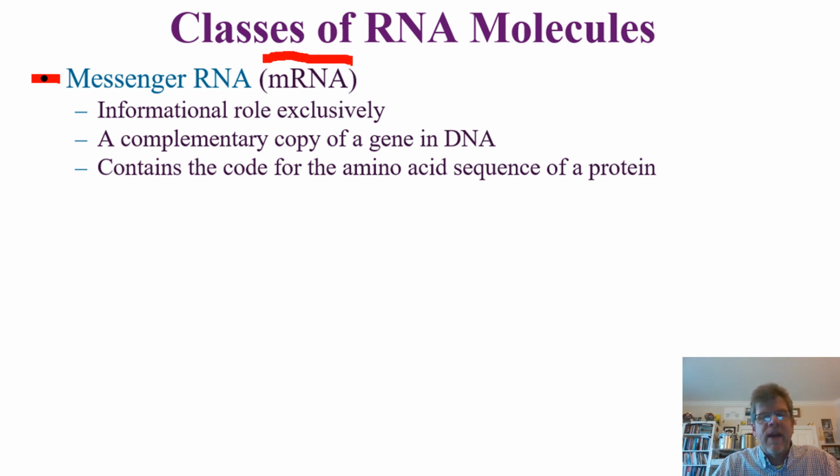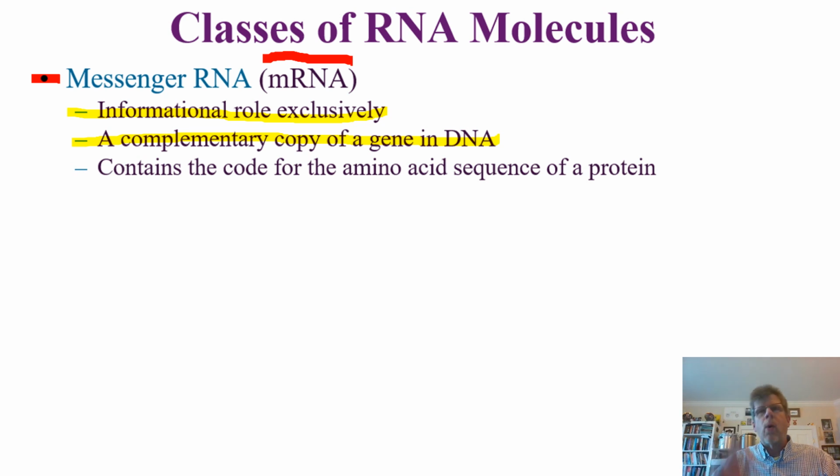lowercase m RNA. We find that messenger RNA has exclusively an informational role, which makes sense because if it is a photocopy of the information in DNA, that stays as information in the RNA. It is the copy of one gene within DNA, one protein worth of information.